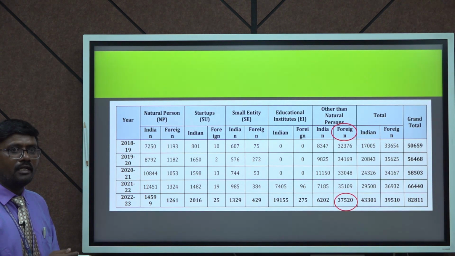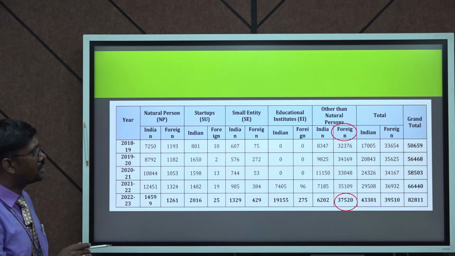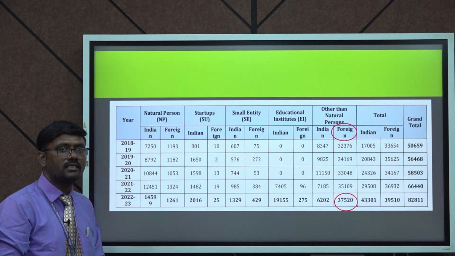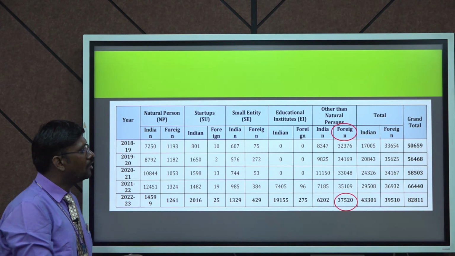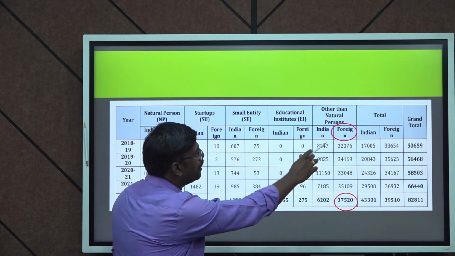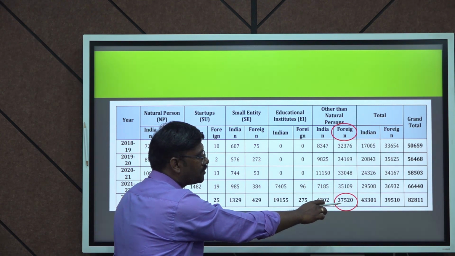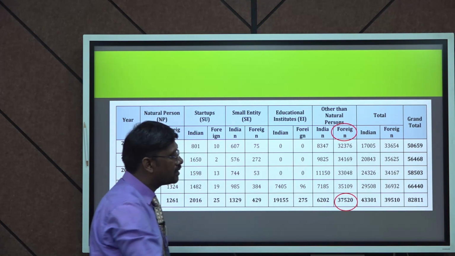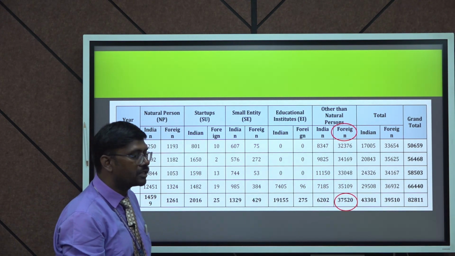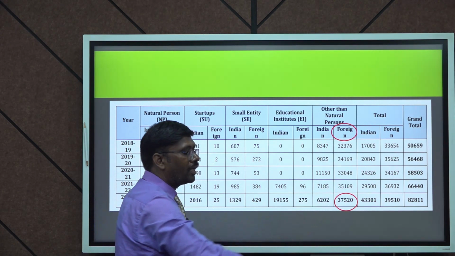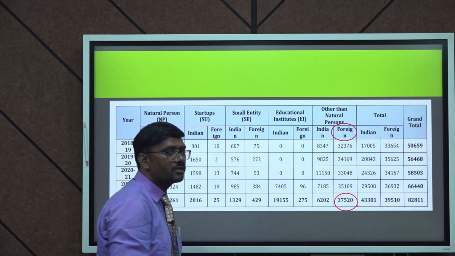Okay, in this slide you could see some eye-opening statistics from the Indian Patent Office. So many patent applications are coming from foreign nations. Look at the statistics here. Other than natural persons, the filings by foreign applicants are much higher than by Indian applicants. Among Indian applicants it is only 6,202, whereas for foreign applicants the count is 37,520.